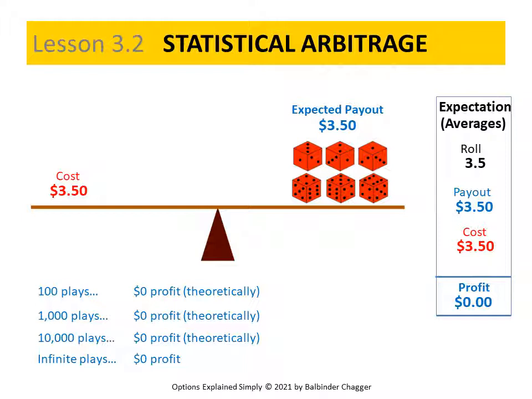Can you appreciate that if the price per play is more than $3.50, then the game operator is the one who expects to make the profit? You might think nobody would play the game if it's priced above $3.50 per go, but you'd be wrong. The gambling industry is built on this type of statistical arbitrage opportunity in favor of the operators.